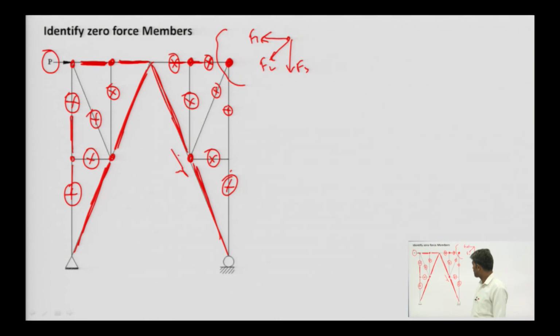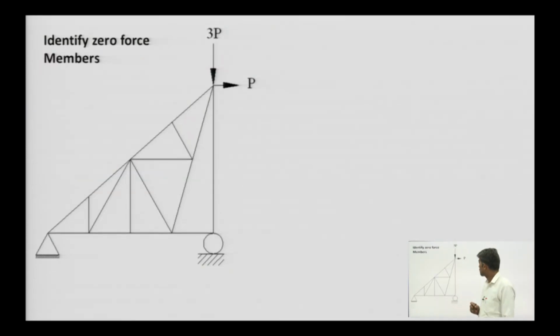So, in this case only 1, 2, 3, 4, 5, 6. Out of the total, only 6 members will have forces, and the rest of the members will have 0 value.